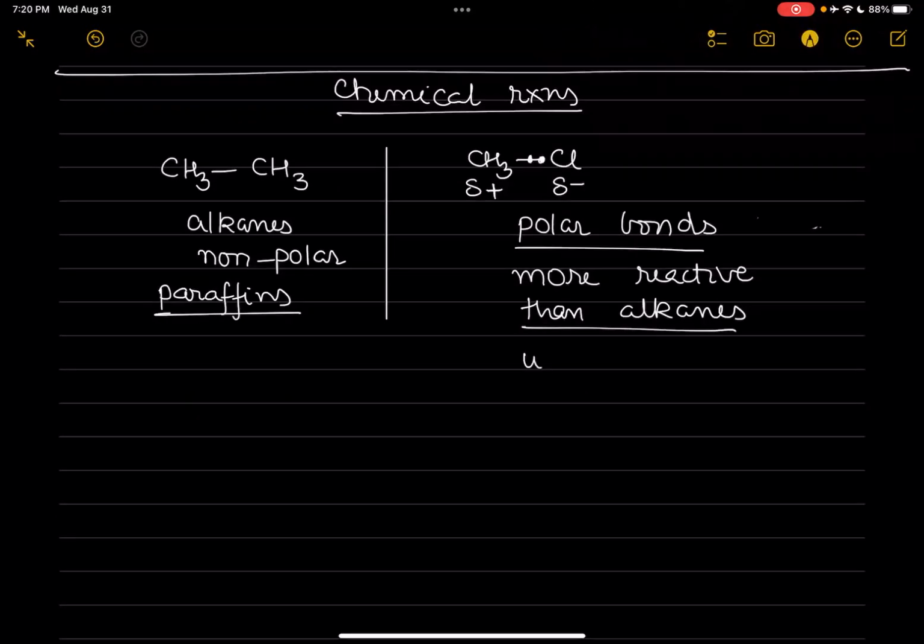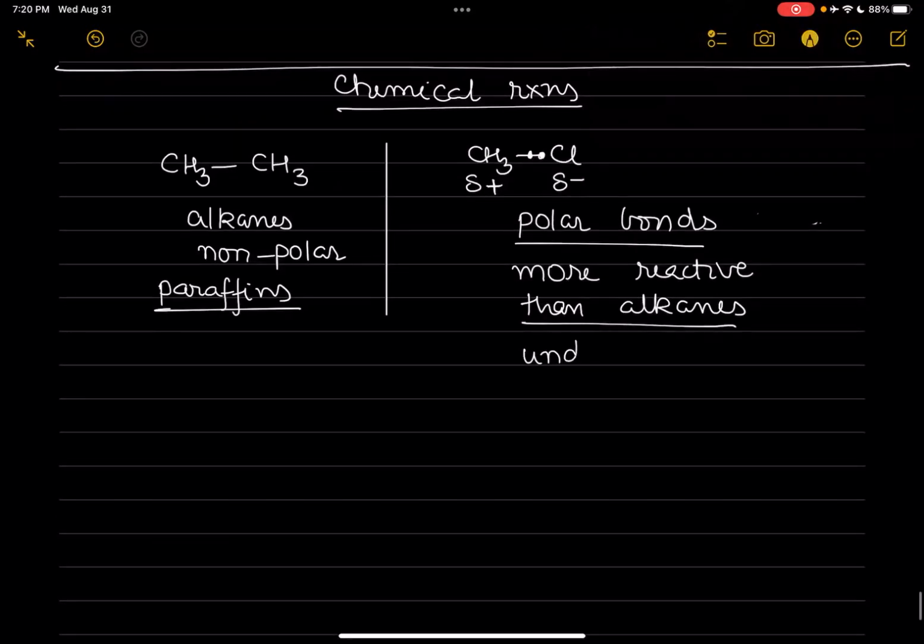And how will it break? Will they attach to the part of a separate molecule? Which one? Yeah, this is the molecule.